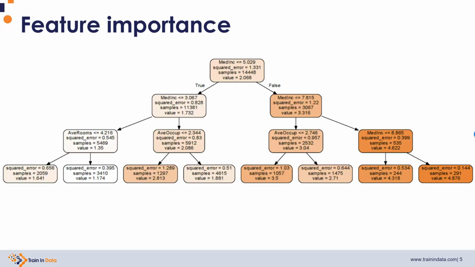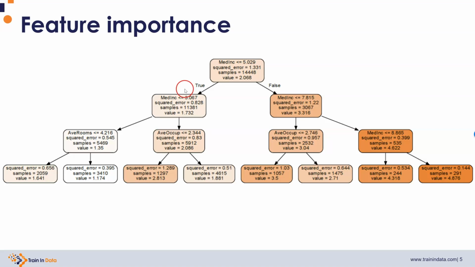Later on in this section, we're going to train a decision tree regression to predict house price, yet again. And then we're going to plot the decision tree that we obtained after training, and we're going to obtain something like this. So this is a decision tree to predict house price. And you can see that scikit-learn offers a lot of information out of the box.